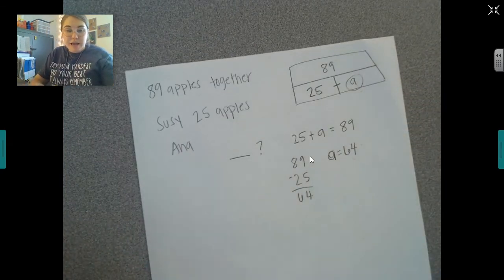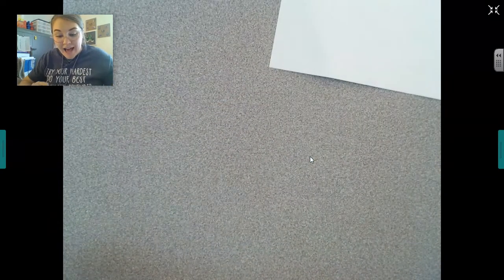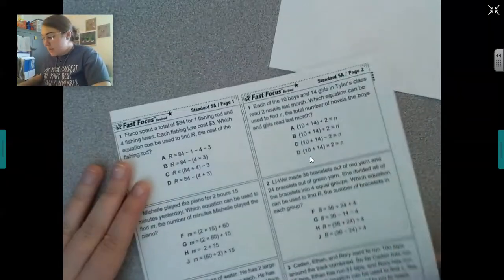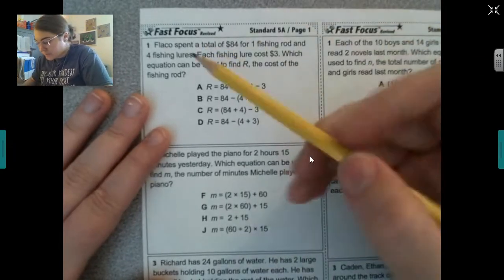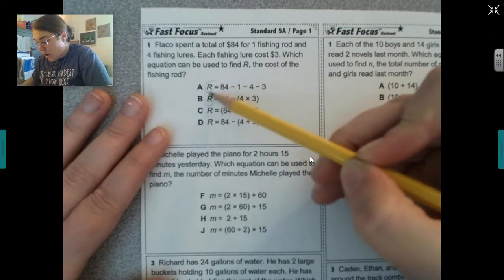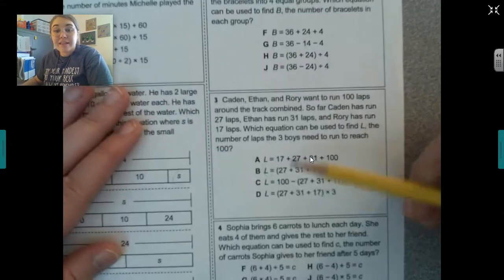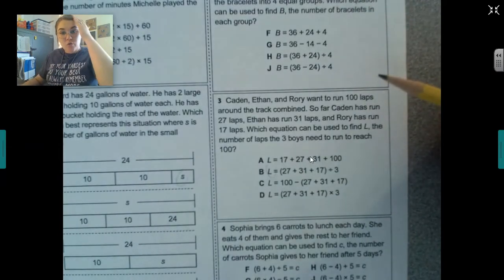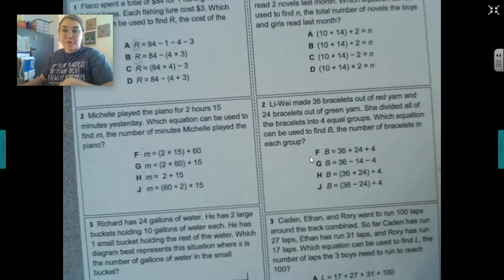So a lot of times they give you problems that have these unknown quantities in them. For example, on an assignment that you were going to do either today or tomorrow, they have letters like R, M, even right here, they have S or L. That just means an unknown quantity that you are trying to find.